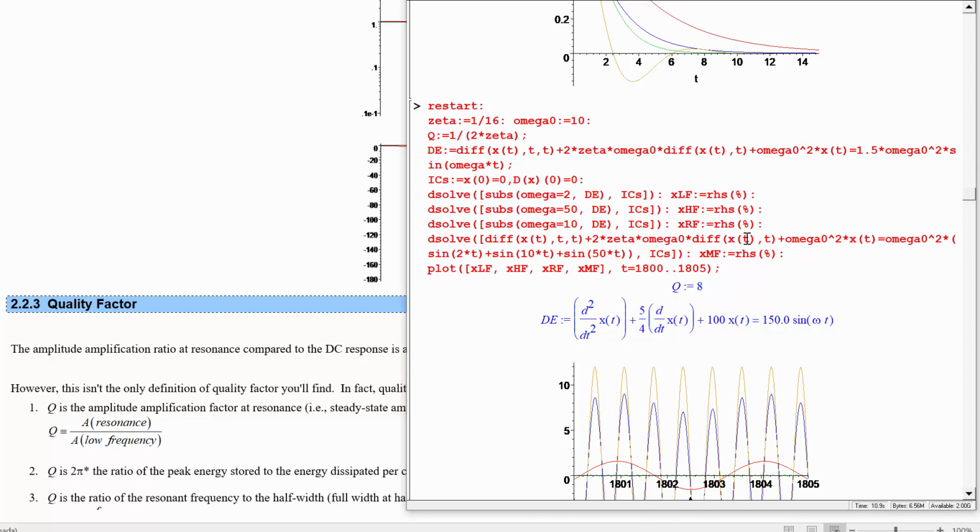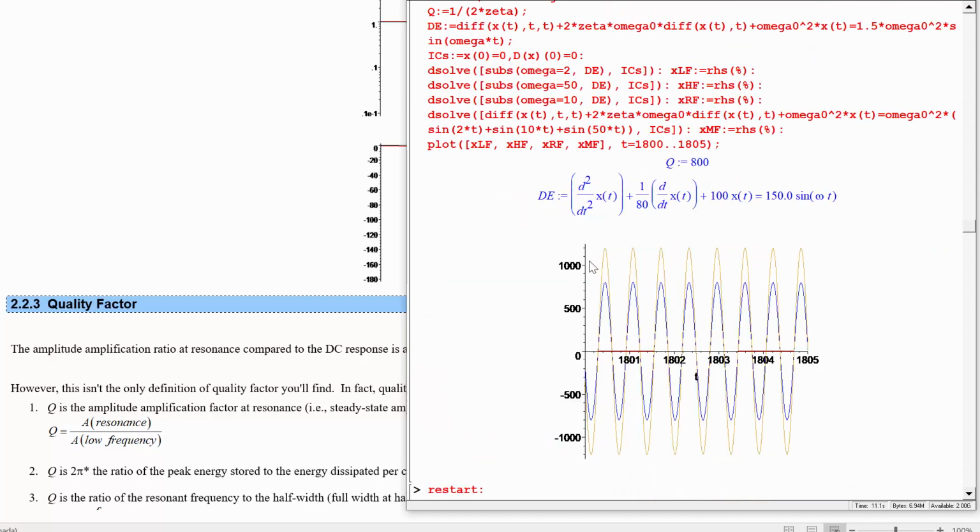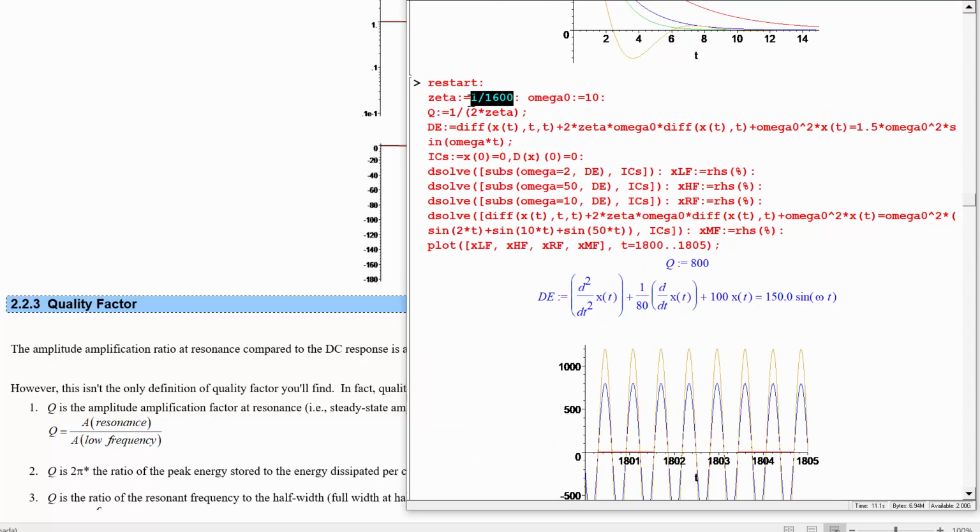So this quality factor is one way to characterize why the response is so much higher here. If we reduce the damping by a factor of 100, the quality factor goes up by a factor of 100. So now we have a quality factor 800, and that tells you that the response is going to be 800 times what you would have gotten at low frequencies.